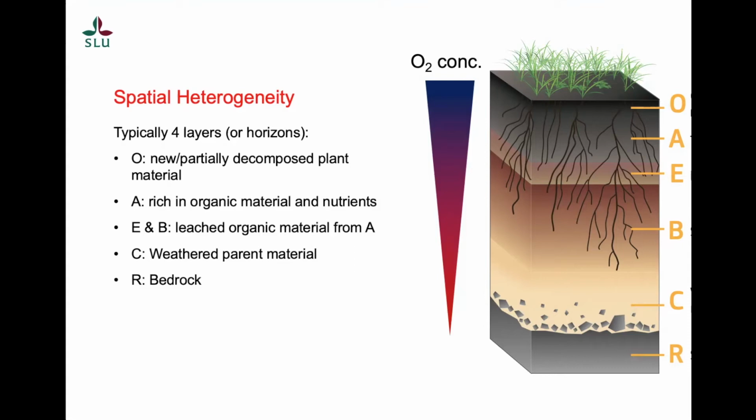You might get different levels of decomposition, or some organic material that is very difficult to decompose, and it remains there. Then as you get further down into the subsoil, you have leached material from the A horizon, and further down the C horizon, the weathered parent material, and then finally the bedrock.